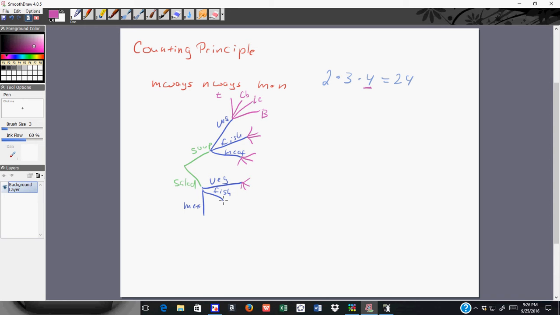And I think the hardest thing for students in understanding this is, besides my terrible handwriting, that each one of these end branches is the entire option. So 1, 2, 3, 4, 5, 6, 7, 8, 9, 10, 11, 12, 13, 14, 15, 16, 17, 18, 19, 20, 21, 22, 23, 24.